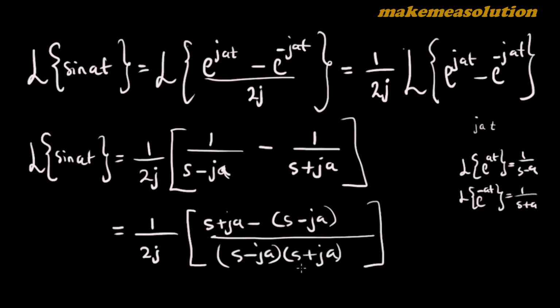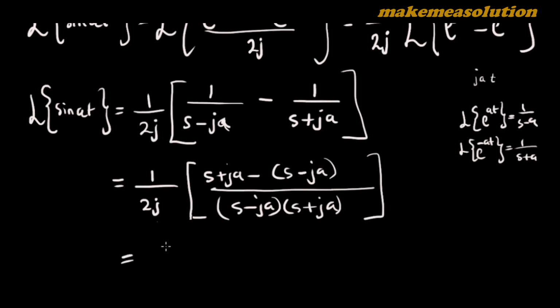Open the bracket in the numerator: s cancels out s, and minus times minus makes plus, so ja plus ja gives me 2ja, all over, when you expand the complex conjugates, you get s square plus a square.